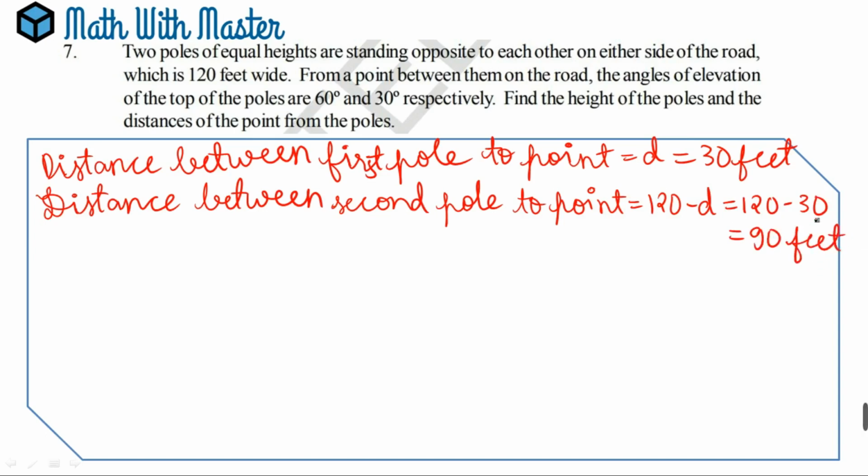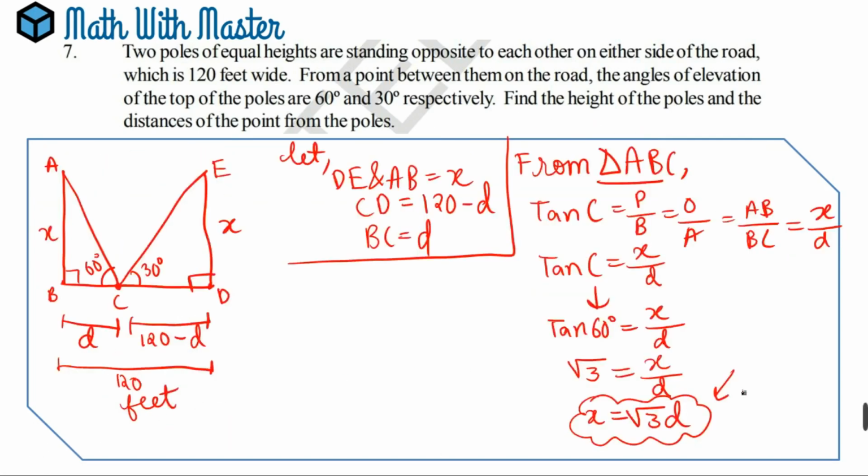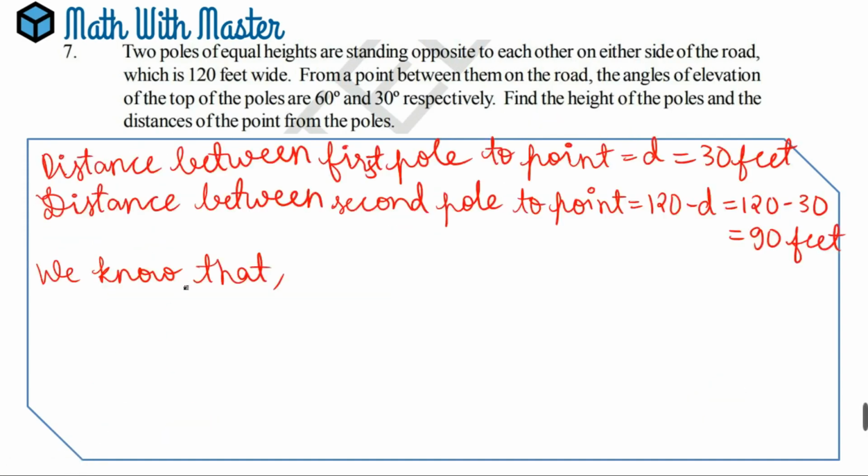So now we know that we have made two conclusions of X. First is this one, sorry, this is the second one and this is the first one. So I will take the easiest one for now. X is equal to root 3 D. So what is the value of D?